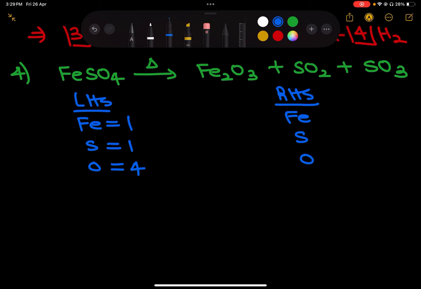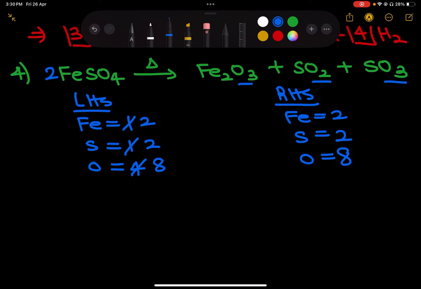Okay, so Fe1, S1, O4. There are Fe2, S also 2, and O, so 3, 2, and 3. So that's 8. Okay, so first of all, let us balance Fe. Okay, so we get 2 here, we get 2 Fe, we get 2S, and we get 8.